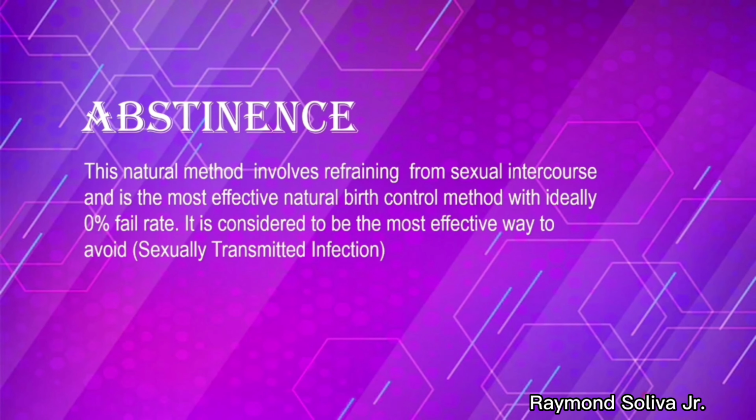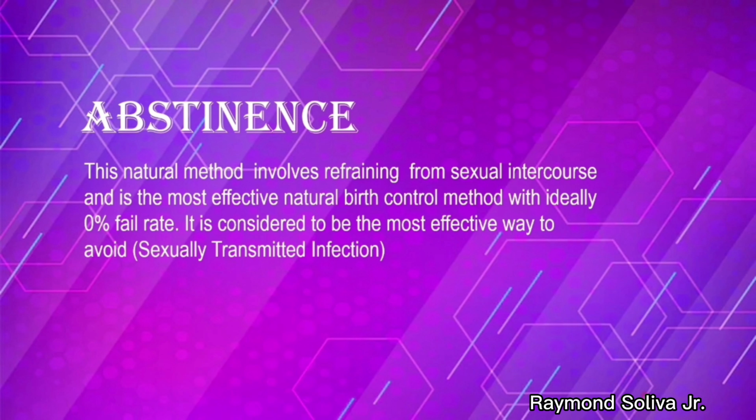Abstinence, this natural method, involves refraining from sexual intercourse and is the most effective natural birth control method. With an ideal 0% failure rate, it is considered to be the most effective way to avoid sexually transmitted infection. Ang abstinence daw ay may tuturing na the safest way of natural birth control method.